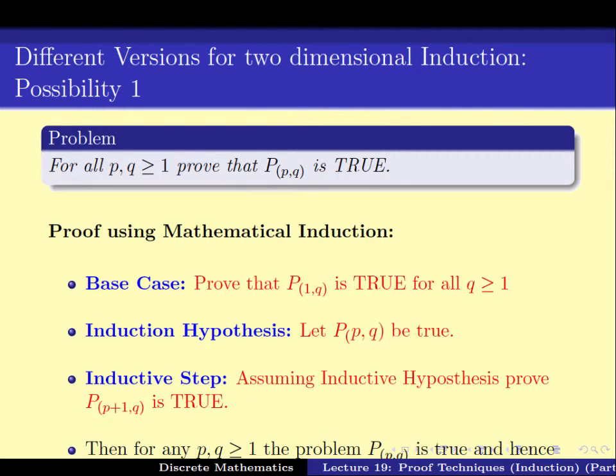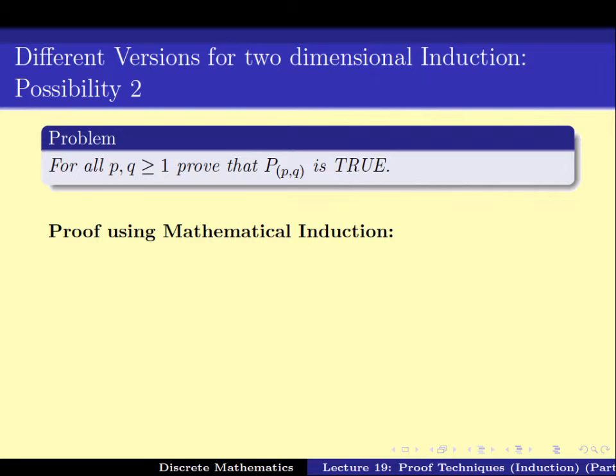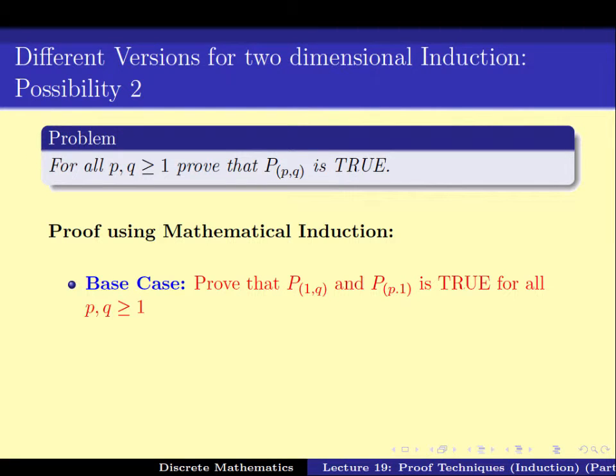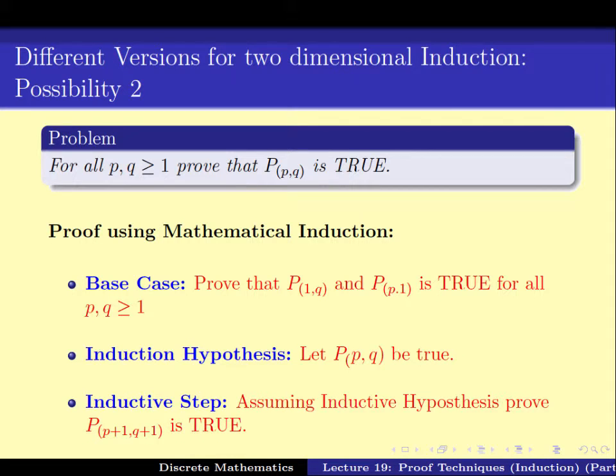Another possibility is first prove that P(1, q) and P(p, 1) are true, and then assuming that P(p, q) is true, prove that P(p+1, q+1) is true. We just looked at this particular case, and in this case what do we induct on?